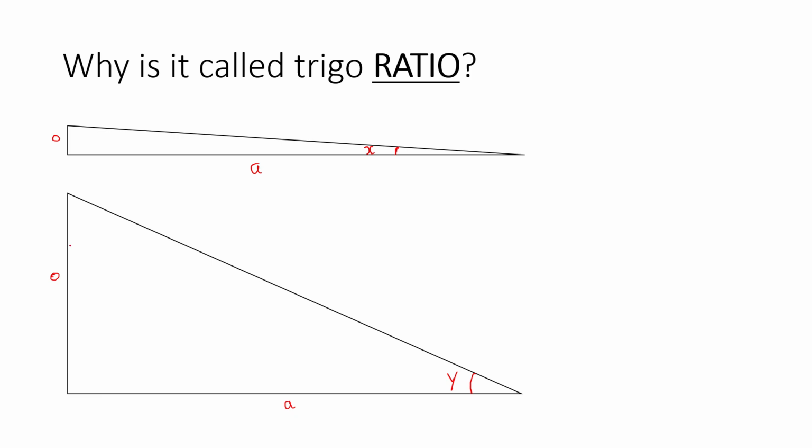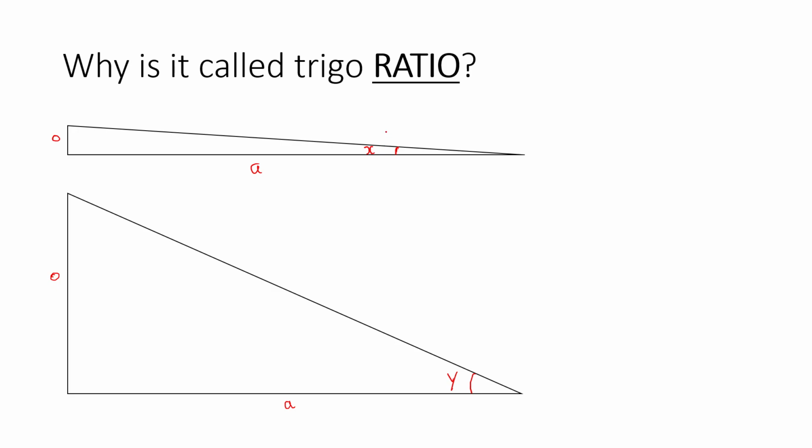The longer the opposite side, the larger will be the angle. So even though the adjacent side is the same length, angle X is smaller than angle Y because the opposite side of X is smaller than the opposite side of Y. So this is where the ratio comes in. The ratio of X is smaller than the ratio of Y, to put it in simple terms.